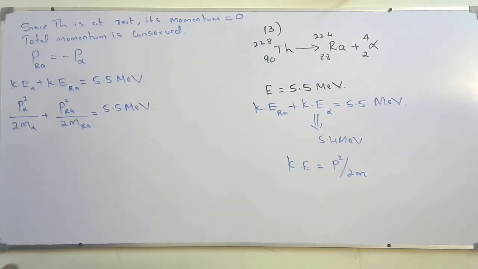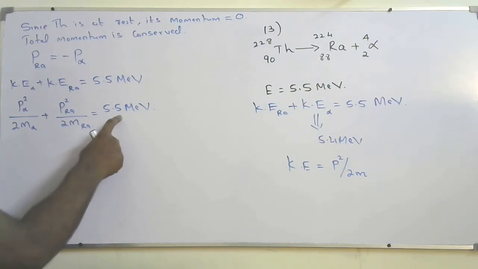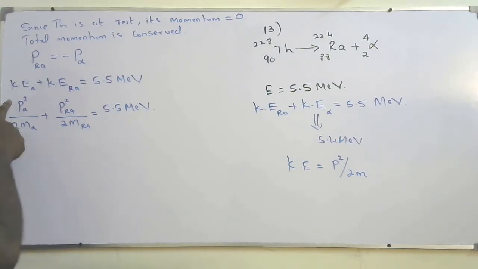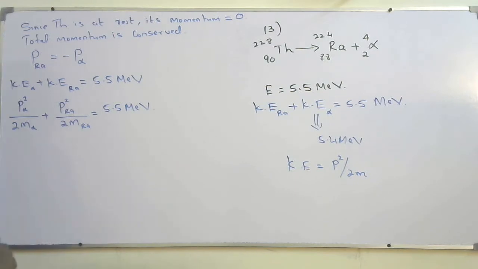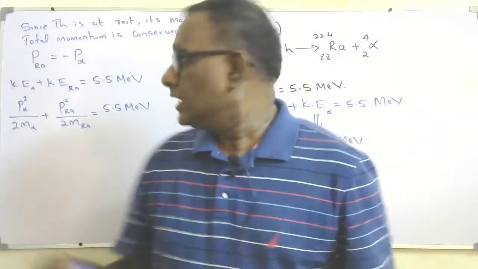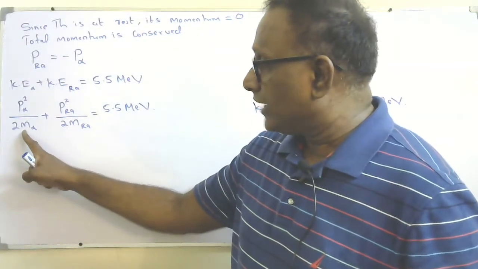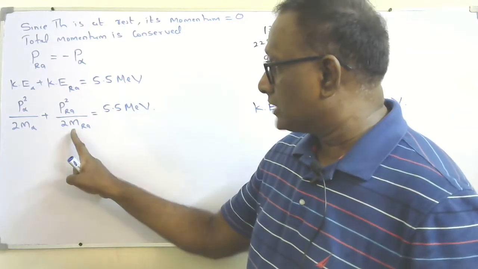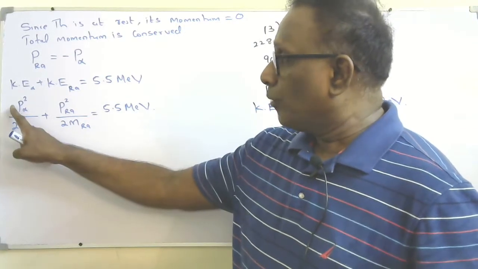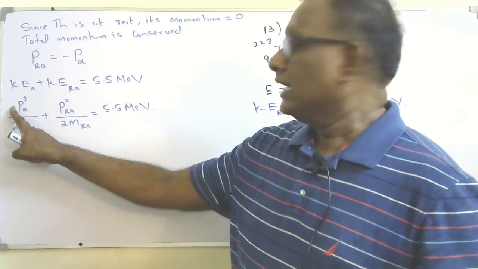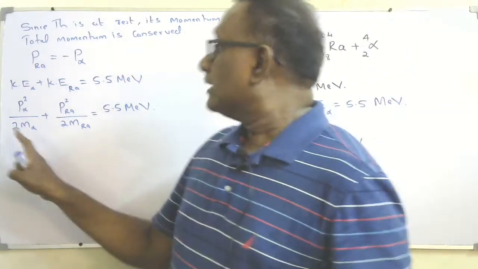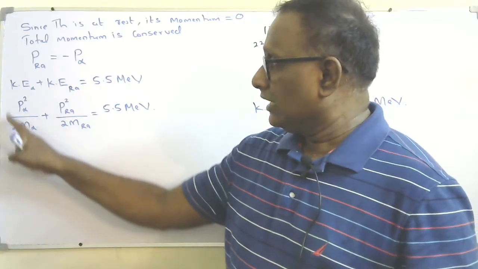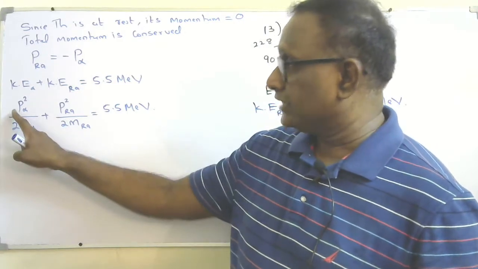When we add these two, we get 5.5 mega electron volt, but the momentum of alpha is equal to the momentum of radium. Since the mass of alpha is much smaller than the mass of radium, what's going to happen? Most of the energy is going to transfer to the alpha particle.